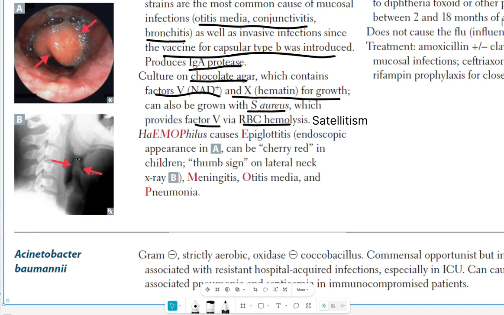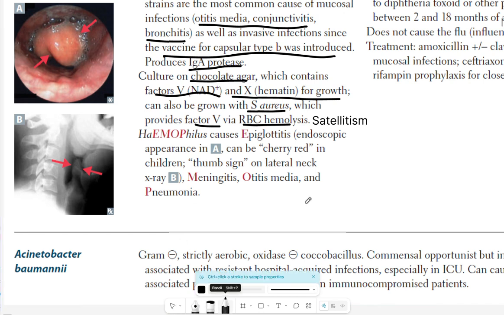It causes meningitis, otitis media, and pneumonia. Right? So these are all the diseases of Haemophilus influenzae. You have epiglottitis. It may cause this cherry red epiglottitis in children. You can see it endoscopically. And then a thumb sign on lateral neck X-ray. It can also cause meningitis, otitis media, and pneumonia.